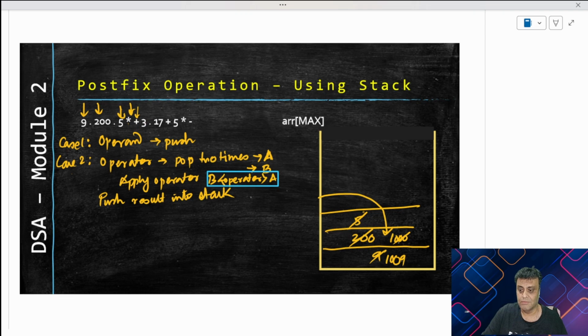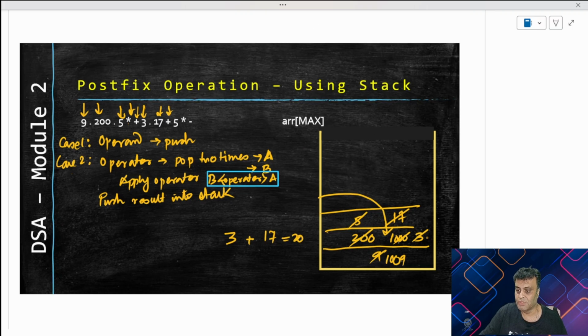What do you get next? You get 3. Put 3 here, because that applies to case 1. What do you get next? You get 17. Put 17 here, because that applies to case 1. Then you get a plus. So what do you do? You will pop 17, you will pop 3, and you will apply plus to that. So you get 20. This 20 you will move where?